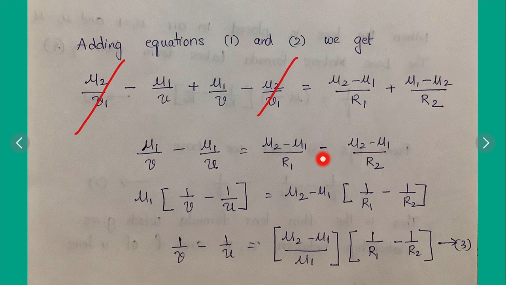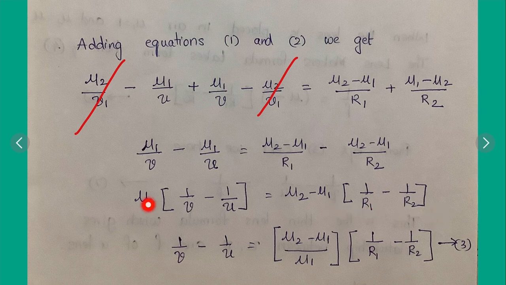Therefore, in the front I kept the minus symbol, minus mu2 by mu1 divided by R2. Then in these two, mu1 is common, take it out: mu1 times (1 by v minus 1 by u) is equal to, in these two things mu2 minus mu1 is common, take it out: mu2 minus mu1 times (1 by r1 minus 1 by r2).